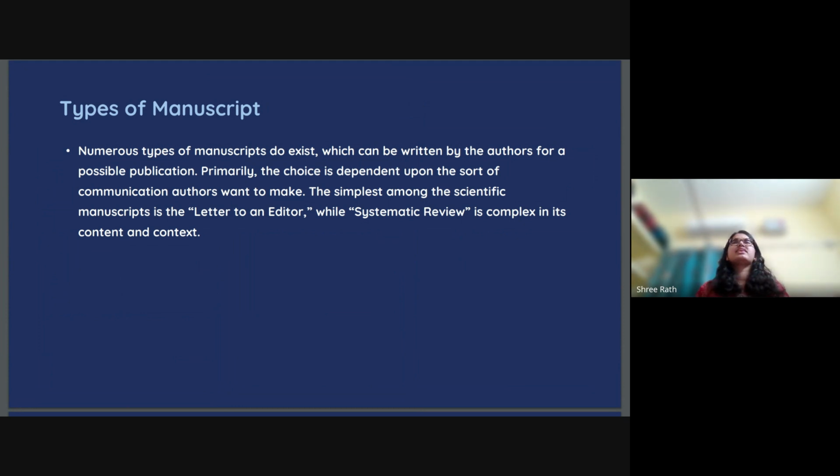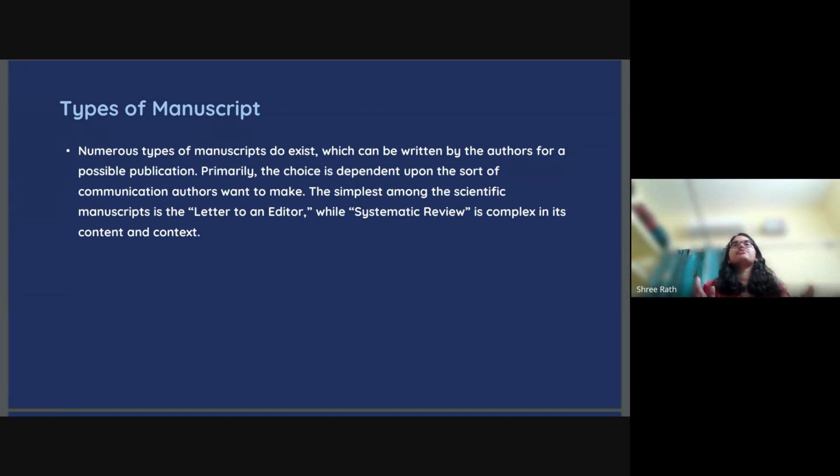A letter to the editor is basically where you write 500 to 600 words, which consist of a couple of paragraphs, in which you're trying to bring something to the highlight of the journal, to the highlight of the scientific community.